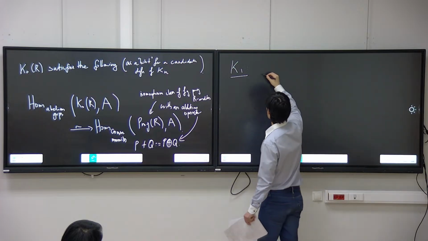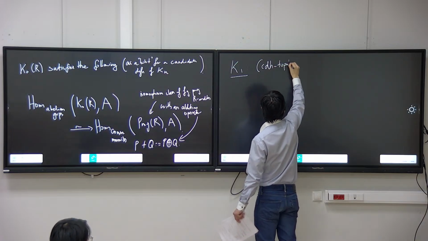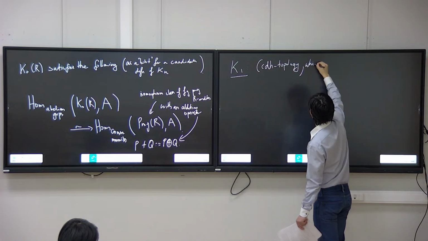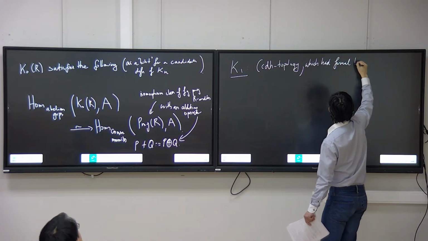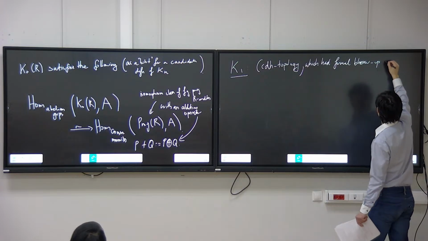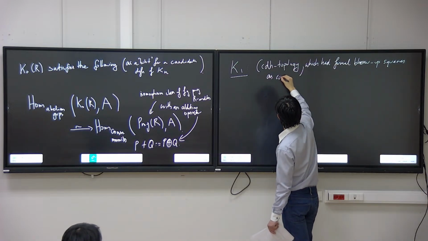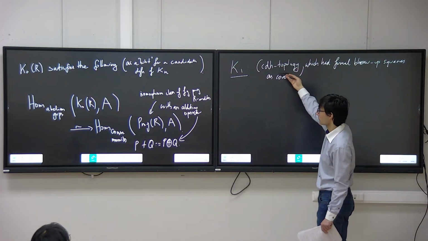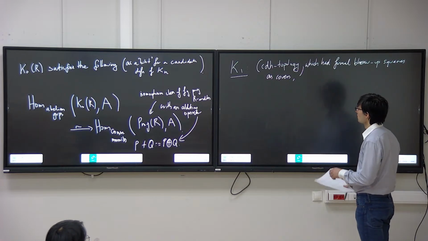Recall, for example, we had the CDH topology, which had formal blow-up squares as covers. So K theory satisfies descent for the CDH topology, but this is maybe a bit of an advanced statement.